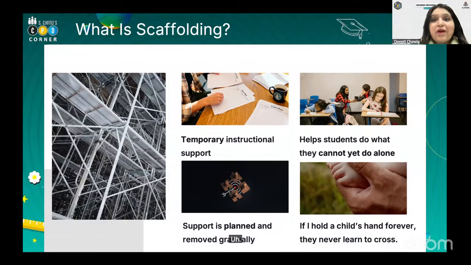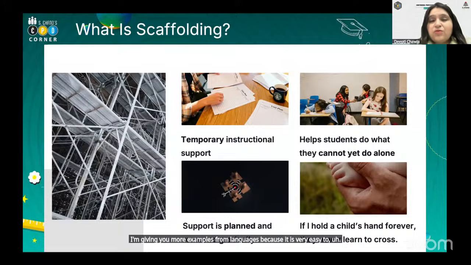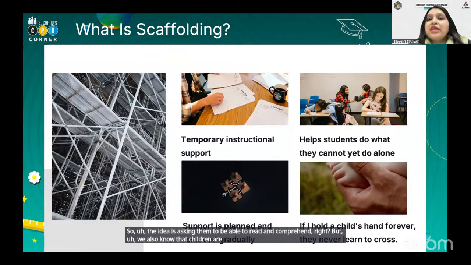So for example, I may expect my children to be able to produce a written text. I'm giving you more examples from languages because it is very easy to understand and quickly absorb. The idea is asking them to be able to read and comprehend, right? But we also know that children are not yet ready to do that comprehension.